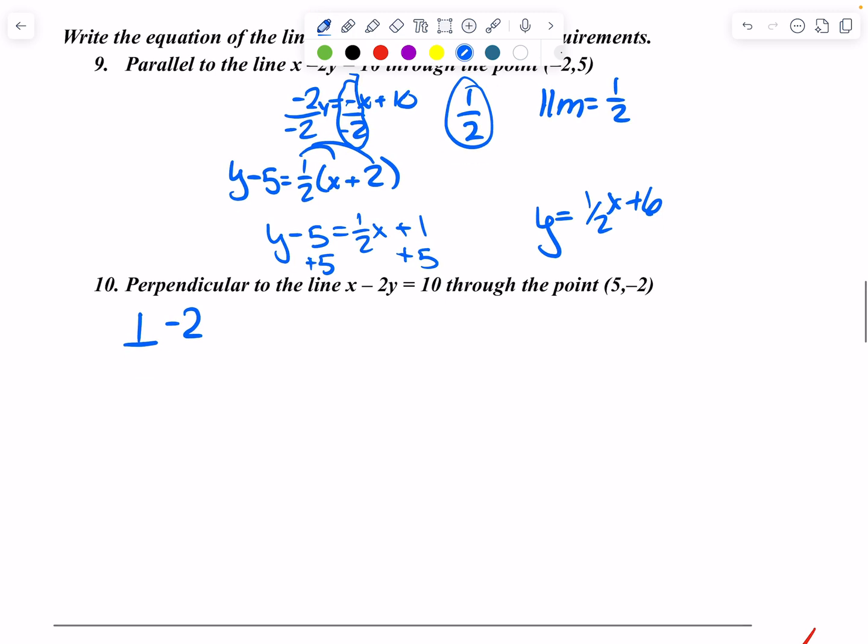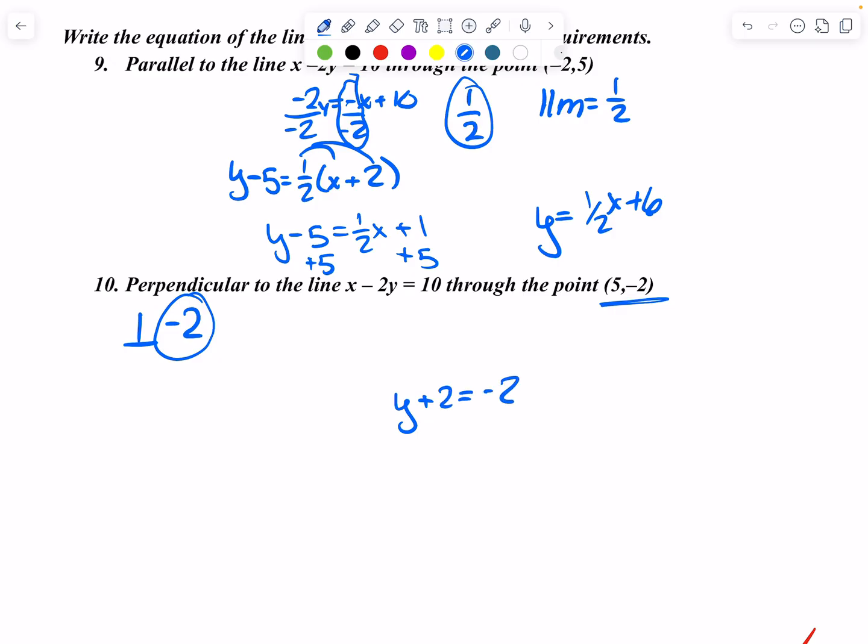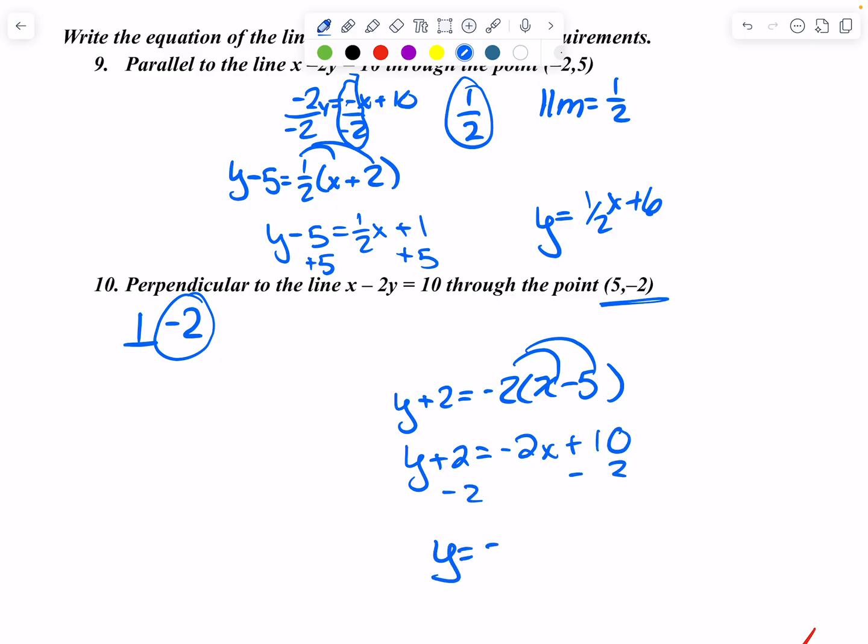To be perpendicular, again, I want the slope, I want the point. So I have y plus 2 equals negative 2 times the quantity x minus 5. Distribute the 2. y plus 2 equals negative 2x plus 10, subtract the 2, y equals negative 2x plus 8.